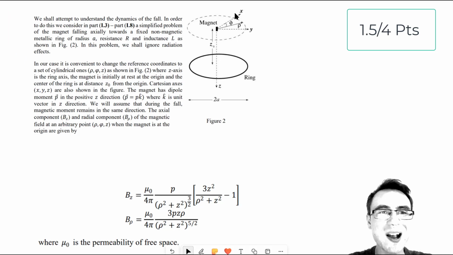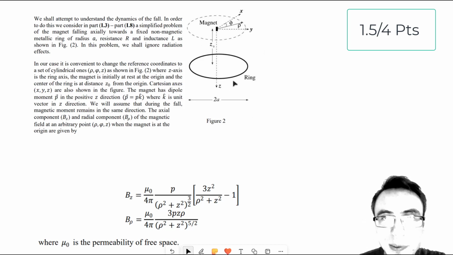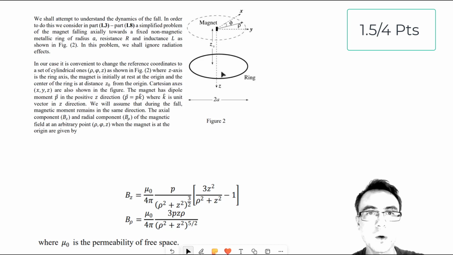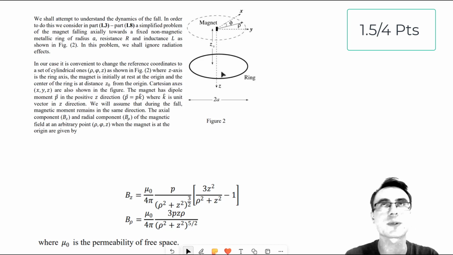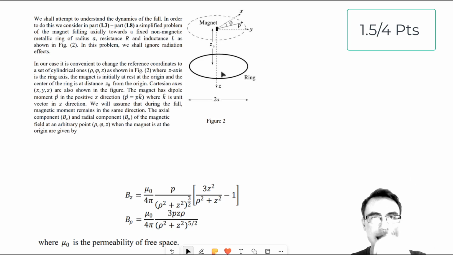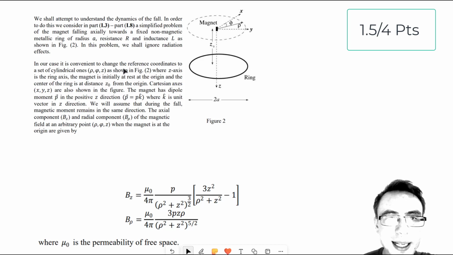You can tell a problem is hard when I don't film it in one take. We're given this diagram across here, and we've switched to cylindrical coordinates, which kind of makes sense because we're talking about a magnet which falls through a cylinder.